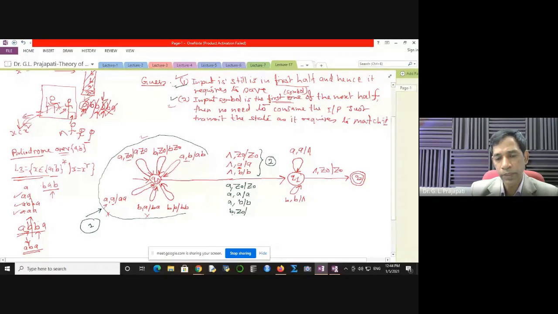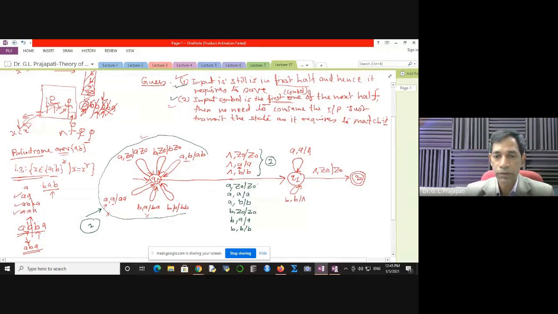You assume that this B is the midpoint of the odd length string, so you don't require to save it, and without changing the top, you transit the state. Now your input can be B and your top can be A, and without modifying the top, you change the state. Your input can be B and top can also be B, and without changing the top, you are reading and transiting the state.